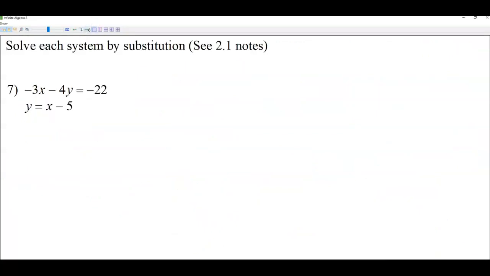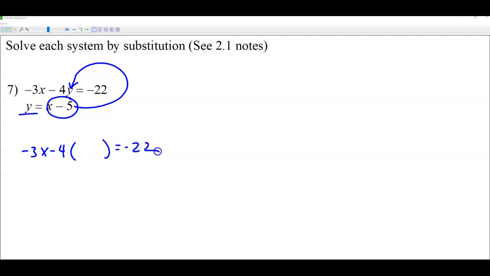All right, number 7, we want to solve this system using the method of substitution. So for substitution, you find where it says y equals, you circle what it equals, and you plug that into the other equation for y. So that would be -3x minus 4. And where the y was next to the 4, we're going to put what y equals, which is x minus 5.